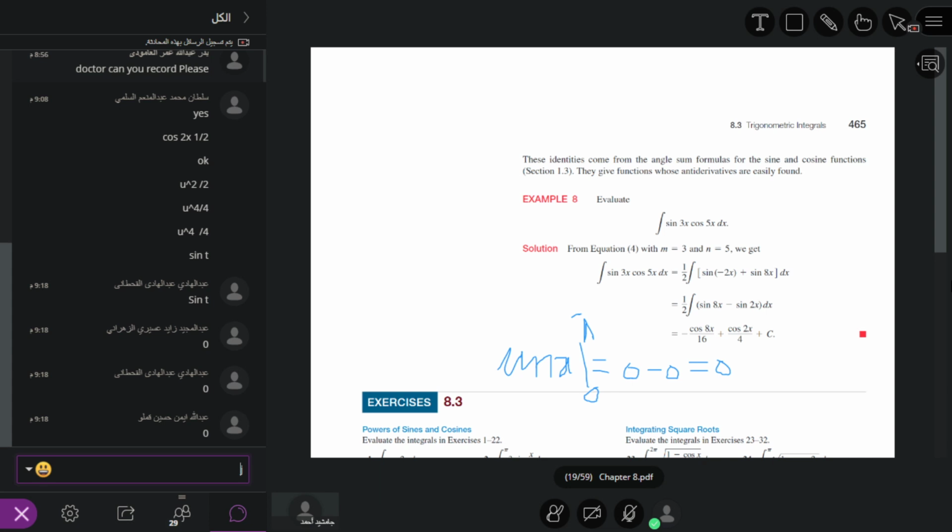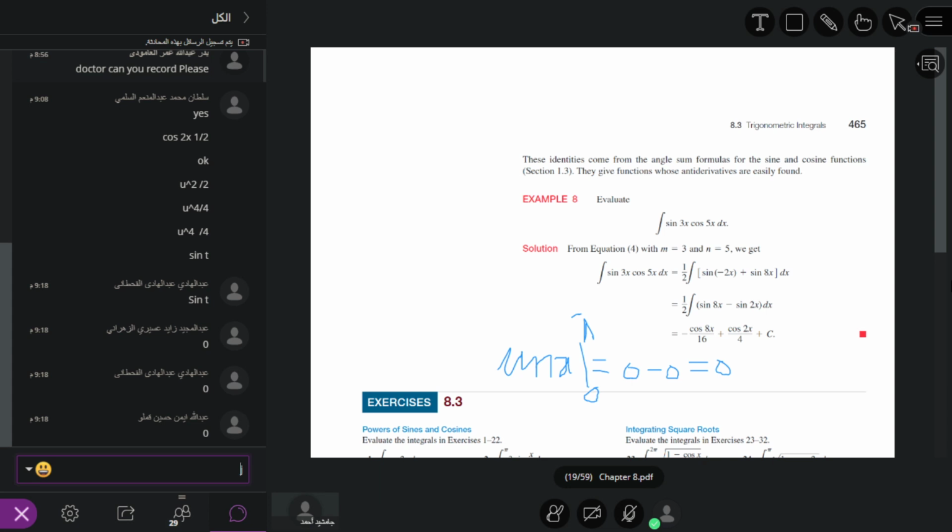Now we convert sec square into tan. What is sec square? It is 1 plus tan square. So thus we get 1 plus tan square into tan square into sec square.